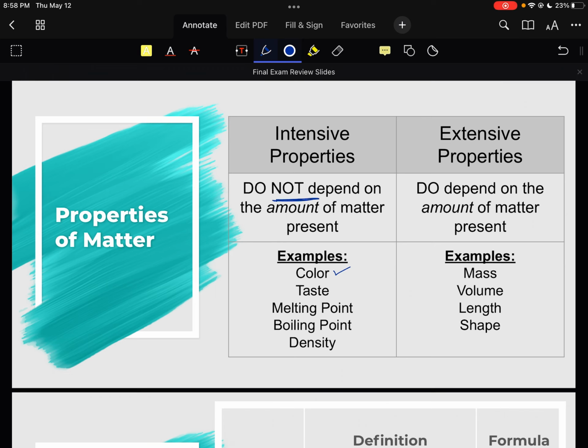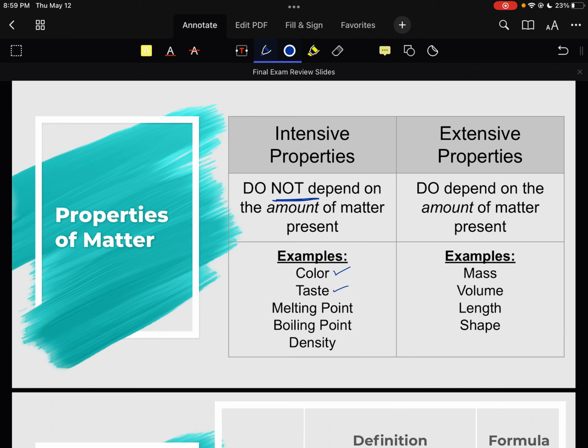If you cut it in half, you've changed how much you have, but it's still white. The way something tastes, one apple tastes the same as 10 apples. Melting point, boiling point, it doesn't matter how much water, it's still always going to boil at 100 degrees Celsius. It might take longer to get there, but the temperature remains the same.